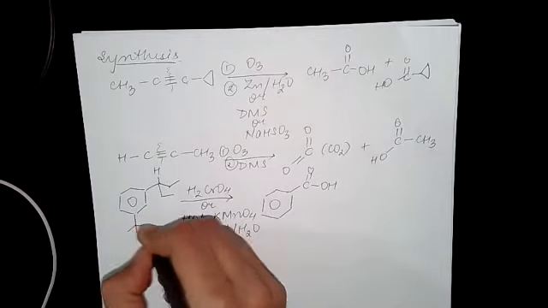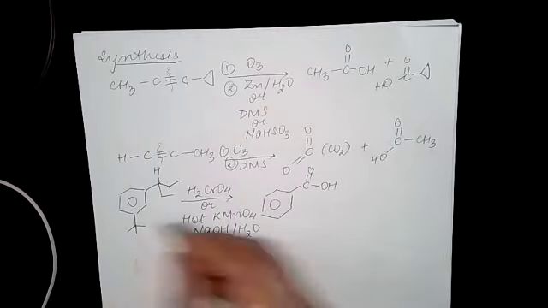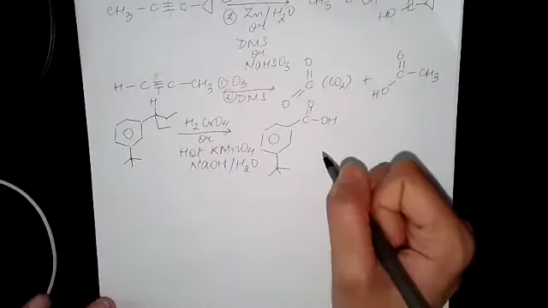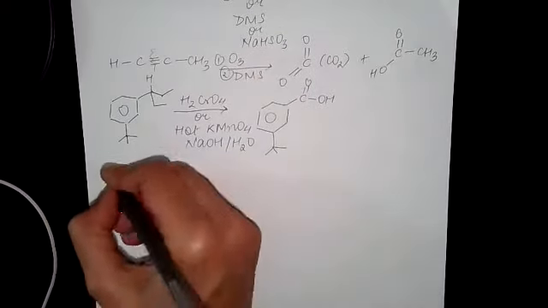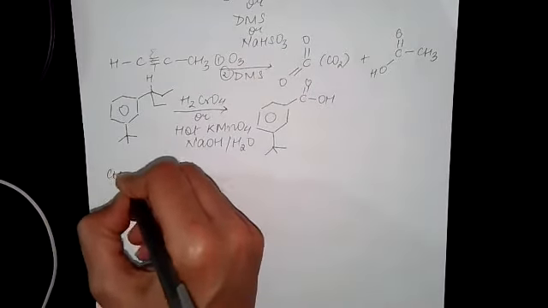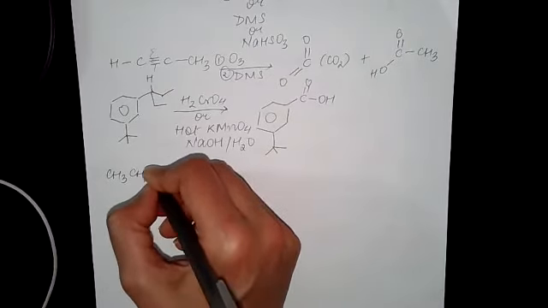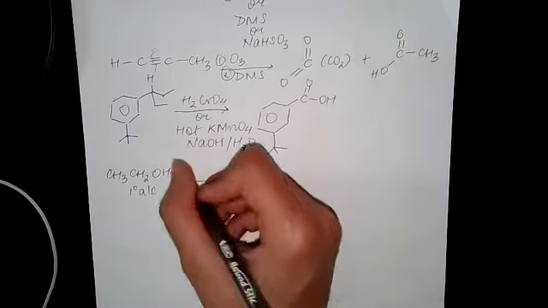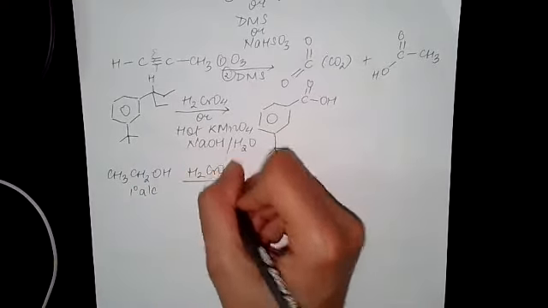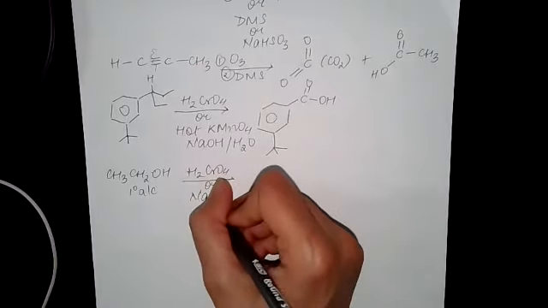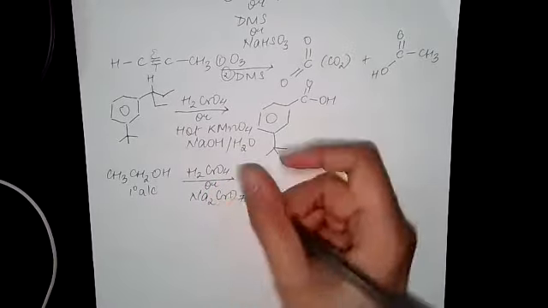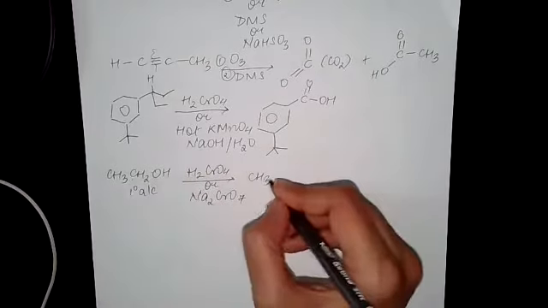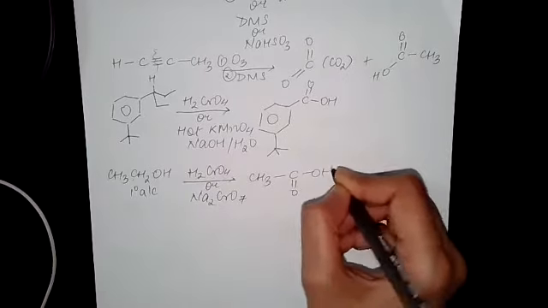If I do not have this benzylic hydrogen, no reaction occurs at that point. Another reaction that we have already seen is the regular oxidation reaction. When you have a primary alcohol and you use chromic acid or sodium dichromate, your primary alcohol will become the carboxylic acid.